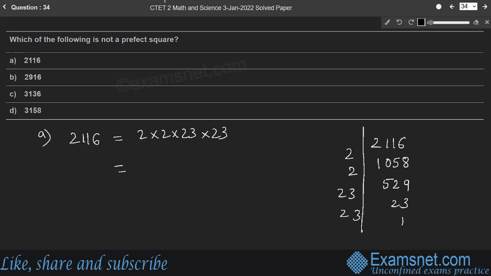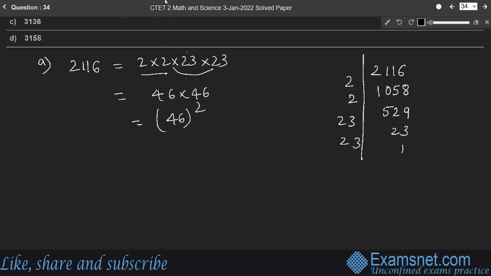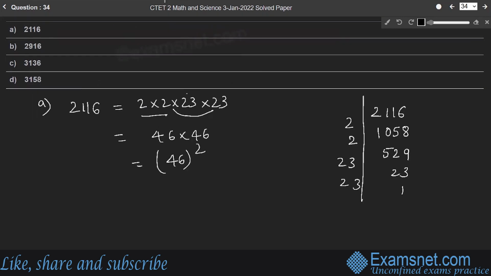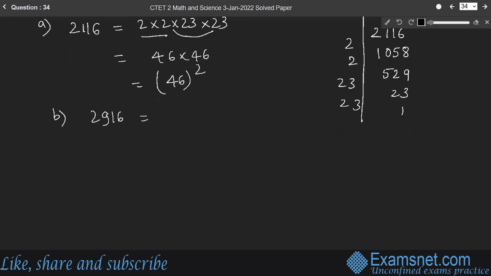Which is equal to 2 into 23 is 46. Again, 2 into 23 is 46. 46 into 46, which is equal to 46 square, a perfect square number. Check with 2916. 2916 can go to the factorization method, right? 2916, which is 54 into 54.